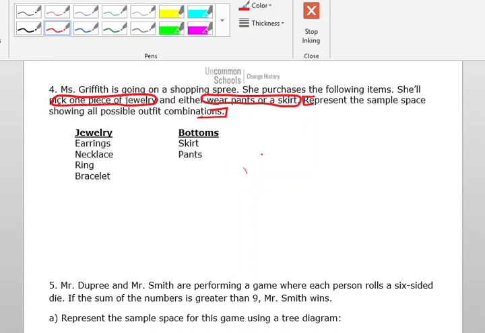Okay. So I'll do a tree diagram. Why not? Okay, so my event 1 is jewelry, and my event 2 is the bottom that she picked. So I have earring, necklace, ring, bracelet.